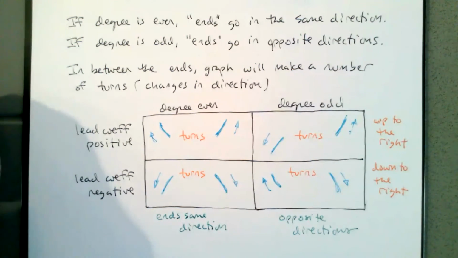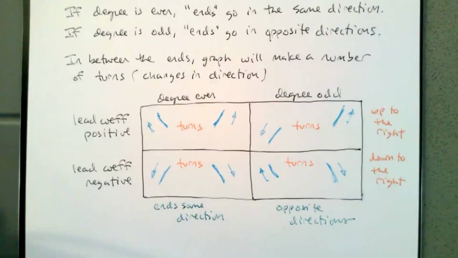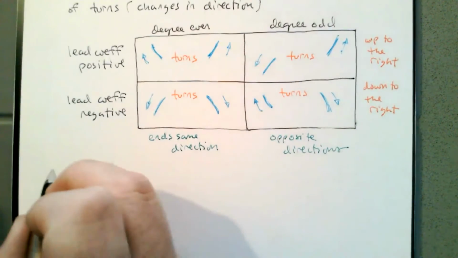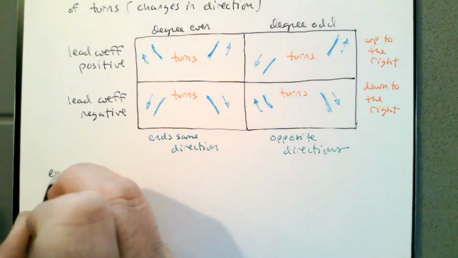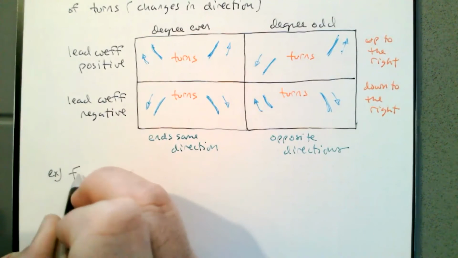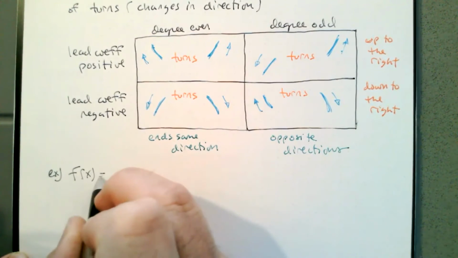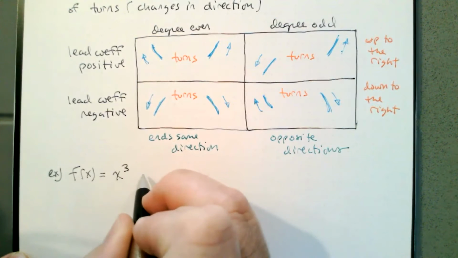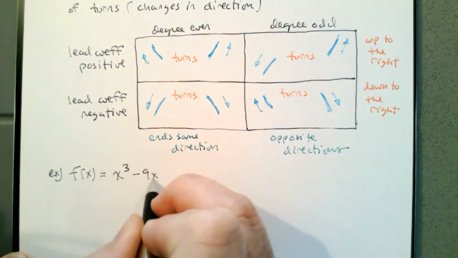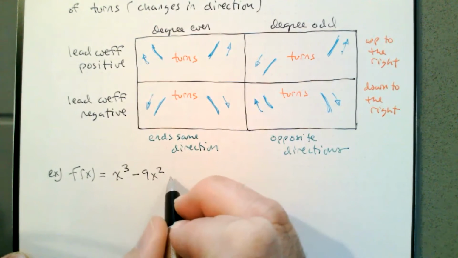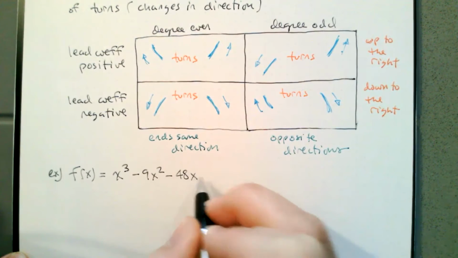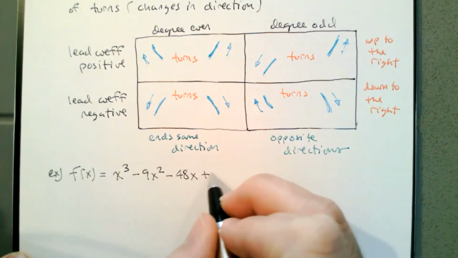Let's take a look at an example, just what we can read based on this. Suppose that f of x is x cubed minus 9x squared minus 48x plus 52.